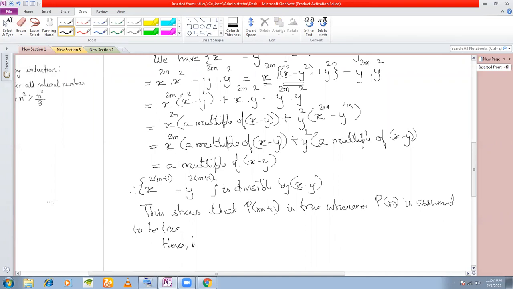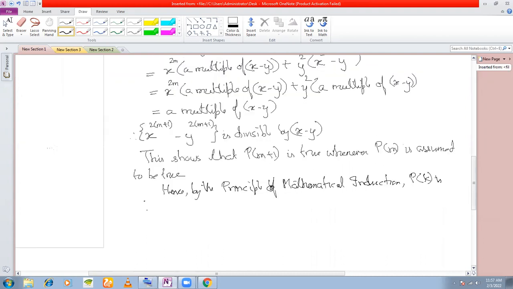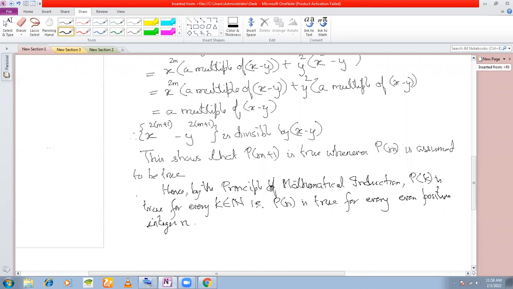Hence by the principle of mathematical induction, Pk is true for every k belongs to N. That is, Pn is true for every even positive integer n. Okay, so this completes the proof.